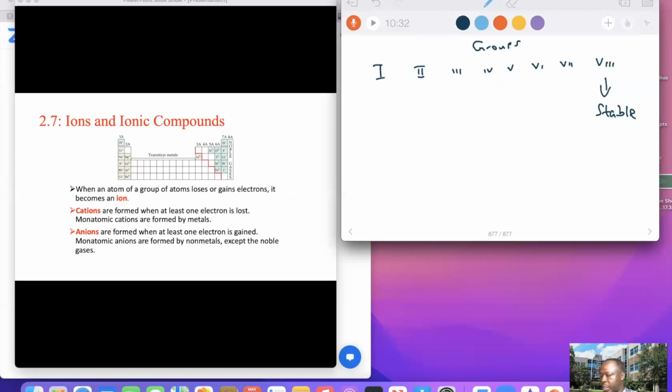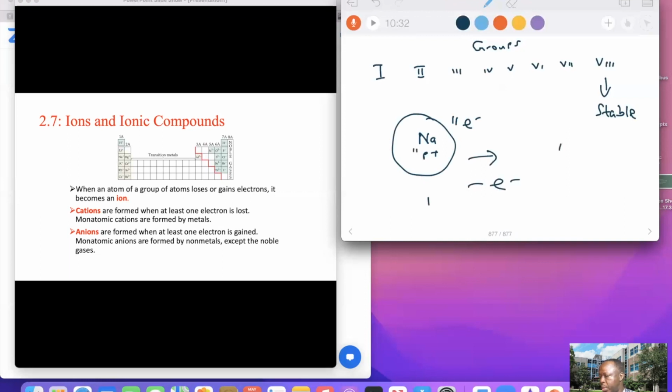So, for example, sodium has 11 protons in the nucleus and 11 electrons outside the nucleus. They cancel each other. So if it loses 1, there will be 11 minus 1 electrons.